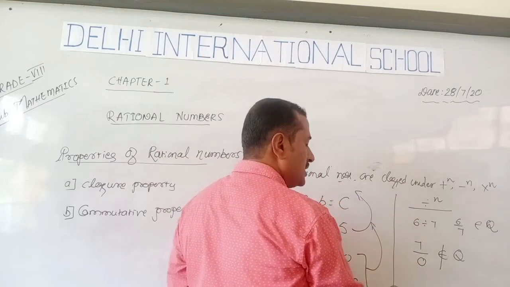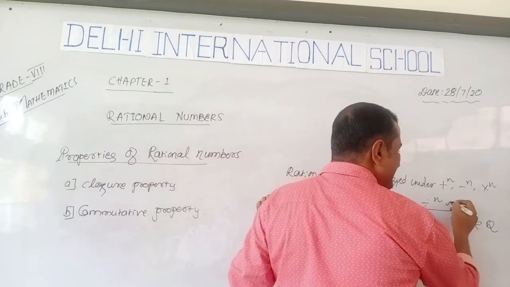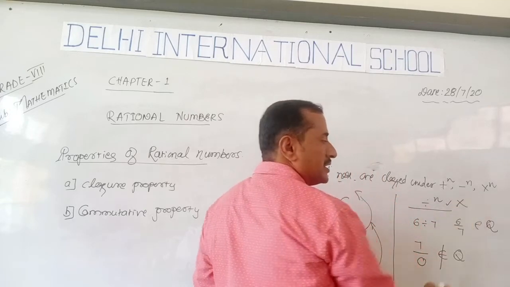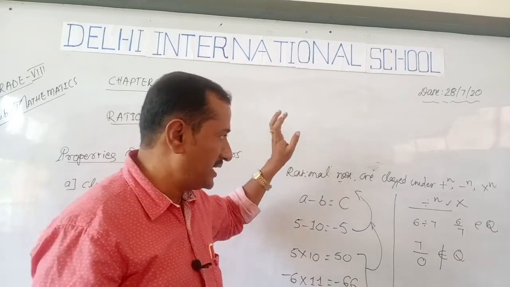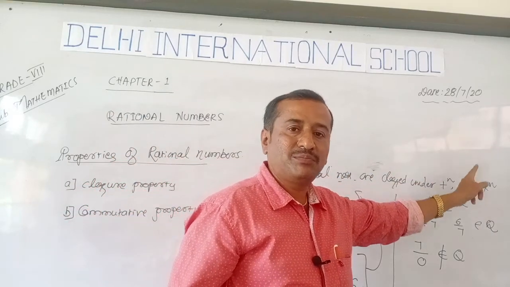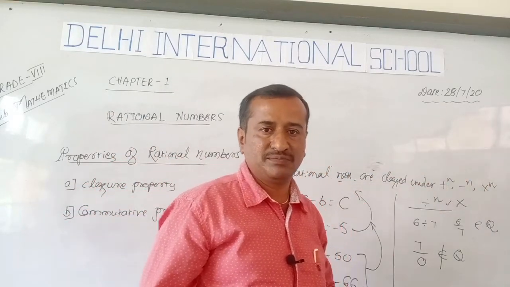Rational numbers are not closed under division. Rational numbers are closed under addition, subtraction, multiplication.